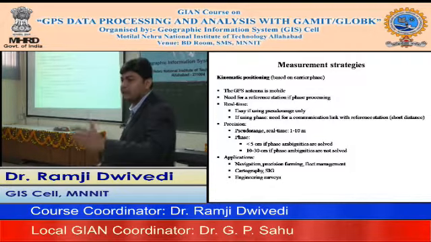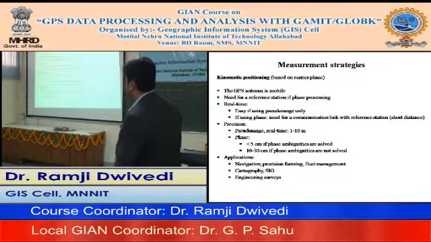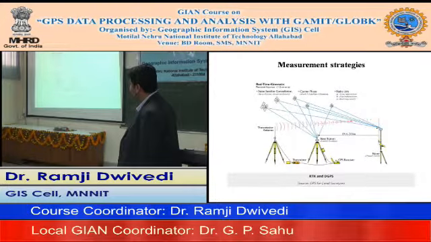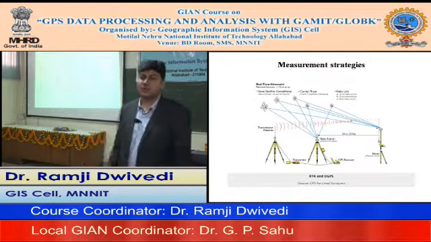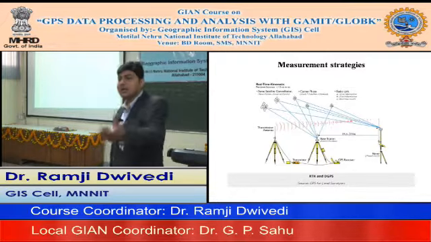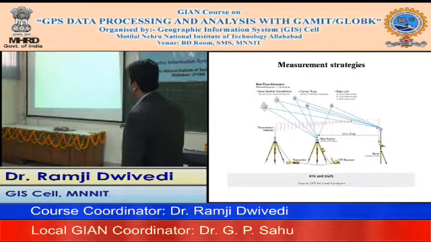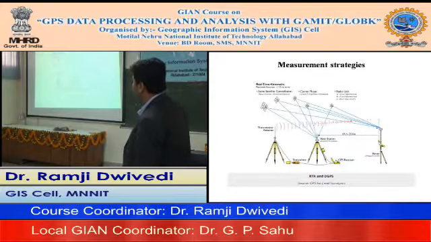Compared to static mode, the precision is a little degraded in other modes, as you go from static to kinematic. So in crustal deformation studies, some of the surveyors are using the DGPS mode, and some are using the real time kinematic mode. In real time kinematic mode, you are getting the corrections directly in real time, and the position accuracy is plus or minus 2 centimeters. So you have carrier phases, the same satellite constellation, and you are transmitting the correction to the rover.